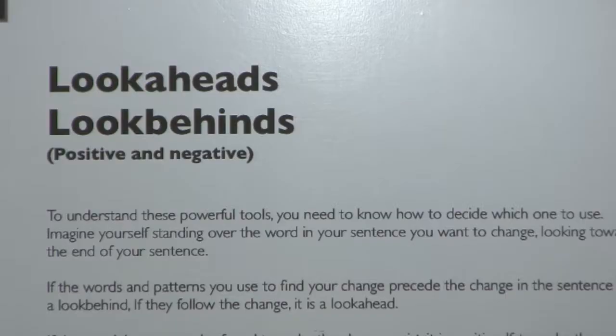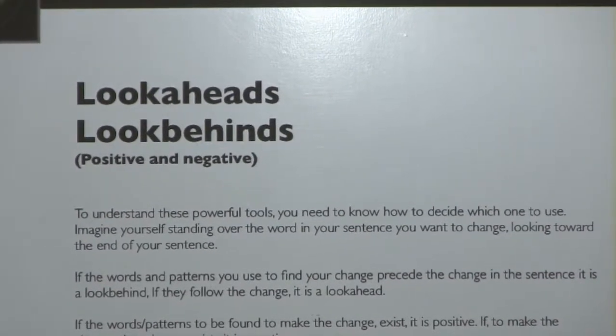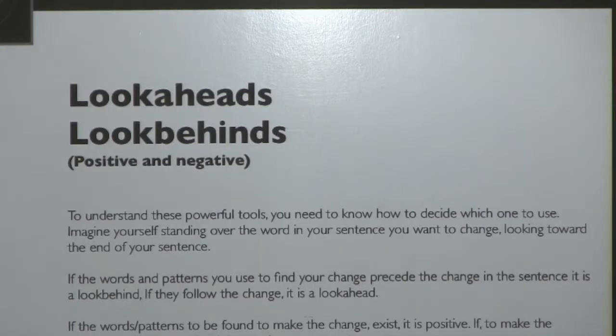Okay, here is the part of Grep that I had the most trouble with. Look aheads and look behinds. When I'm thinking of the word I want to change, look ahead would be something that came before it in the paragraph. Look behind would be something that came after it in the sentence. And that's not the way it works.